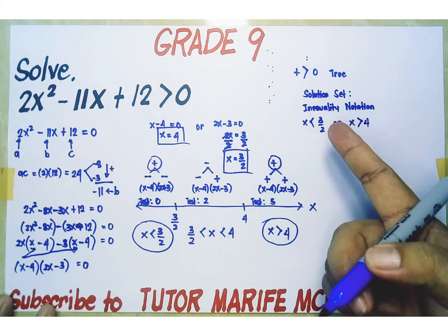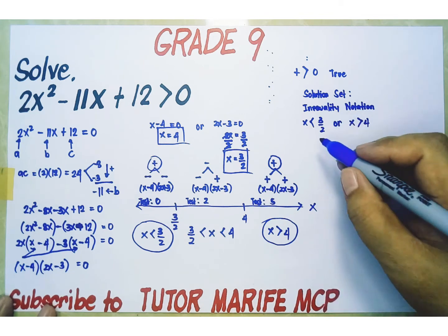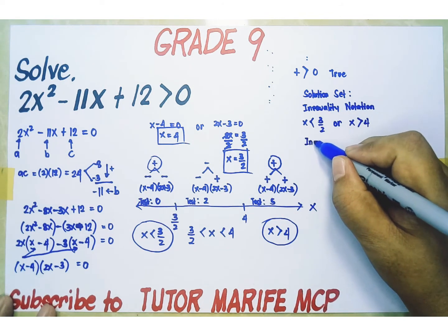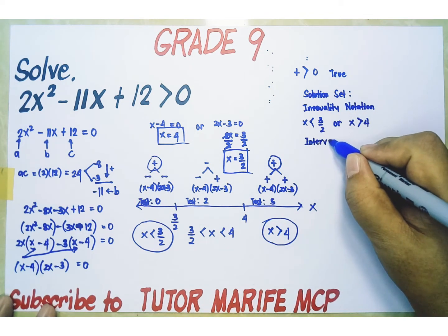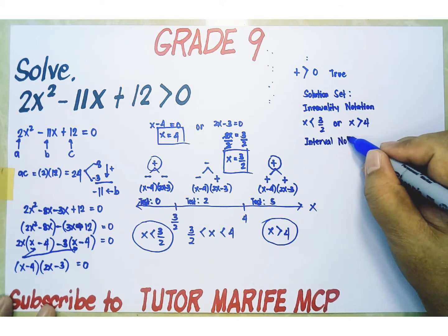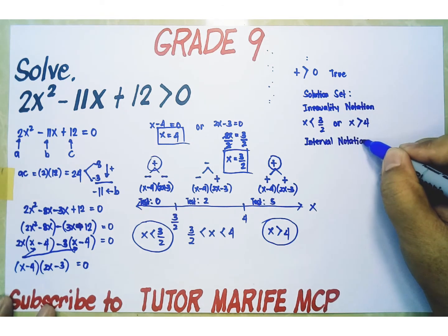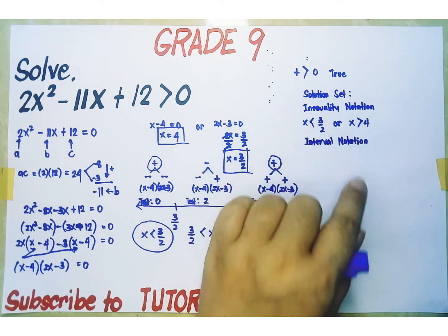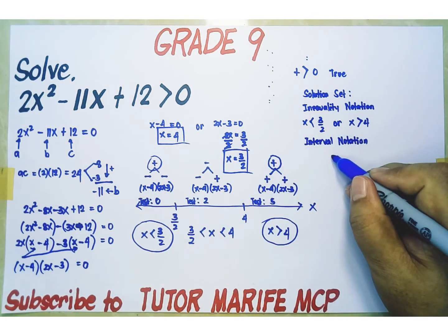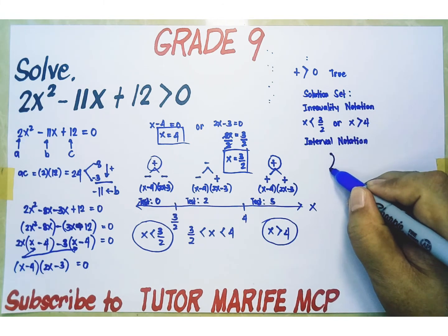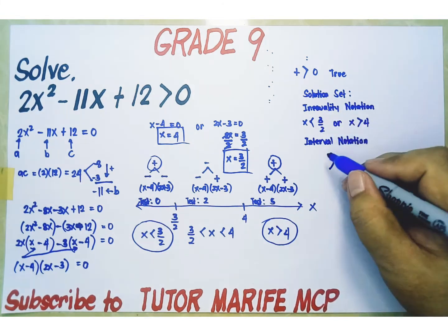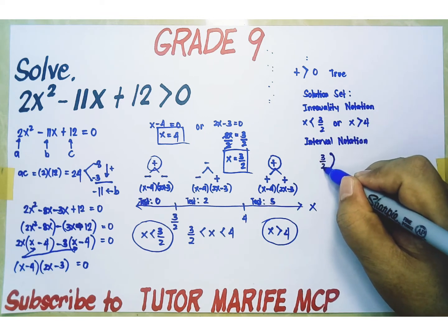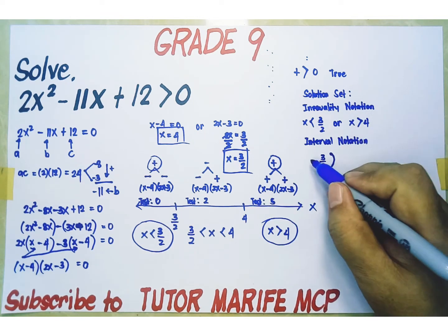We can also express our solution set using the interval notation. In interval notation, x less than 3 halves can be written as negative infinity, three halves.